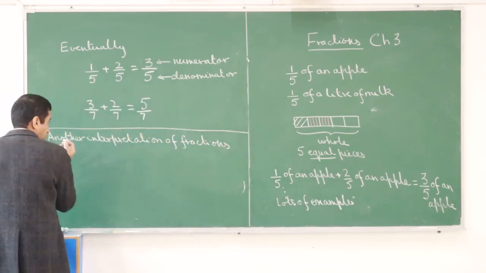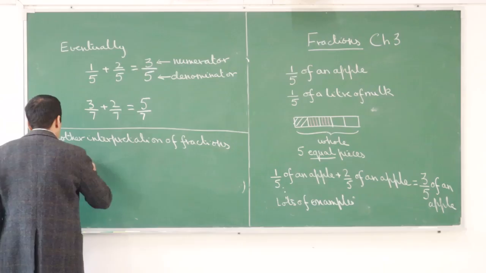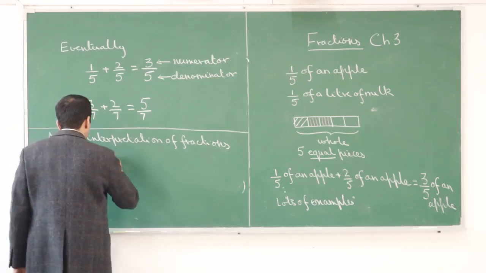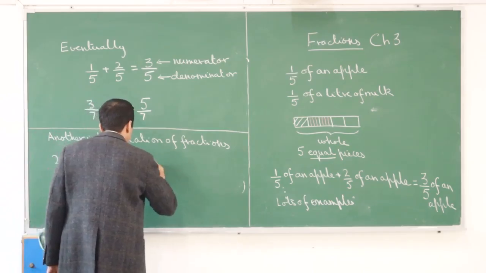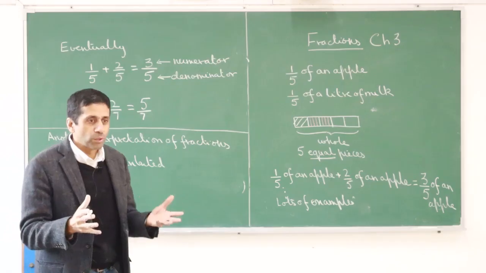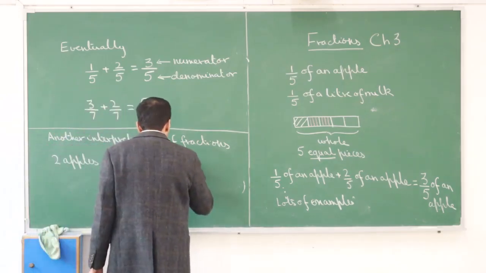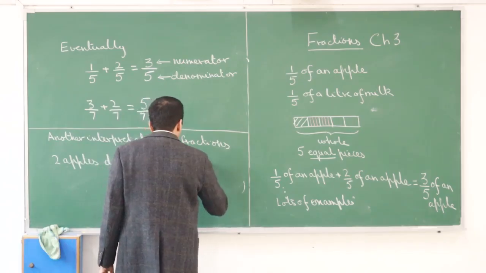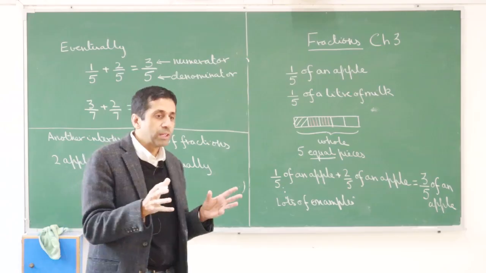So what is it? Let's take 2 apples and distribute them equally, whatever that means. It could be by volume or by weight, but some sense of equality. The apples are supposed to be equal to each other also in some abstract way, although you never find 2 apples that are equal.